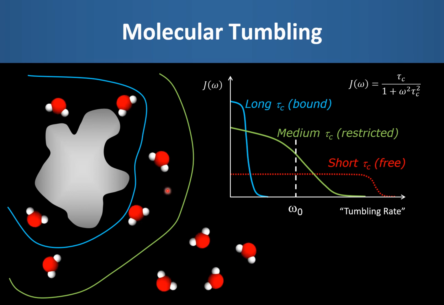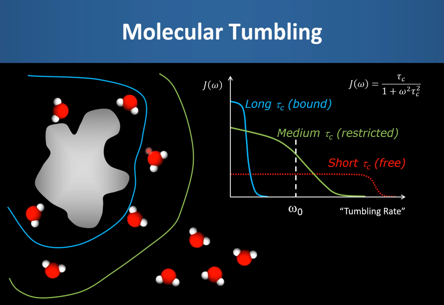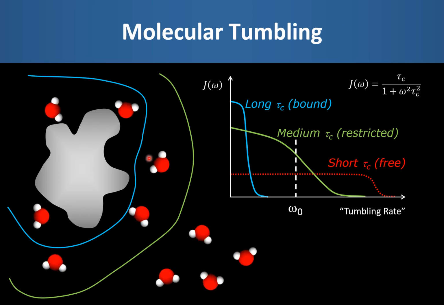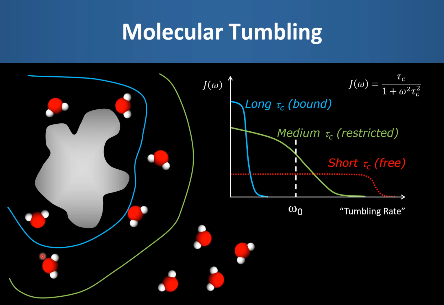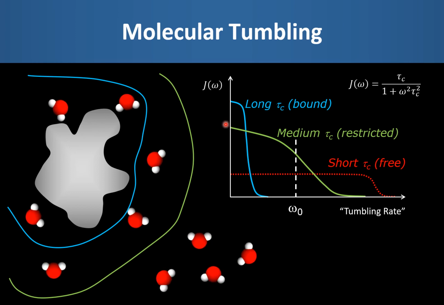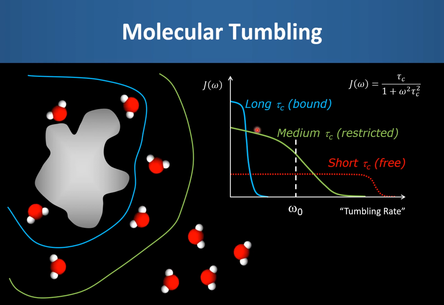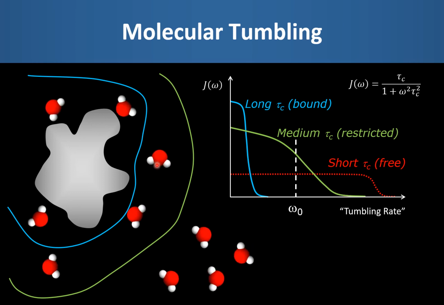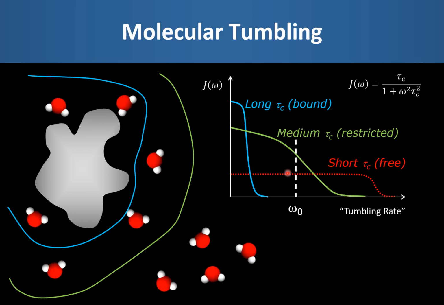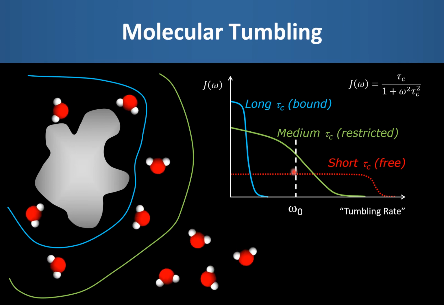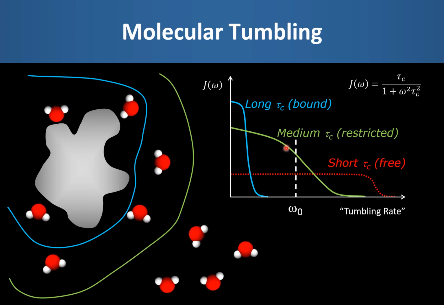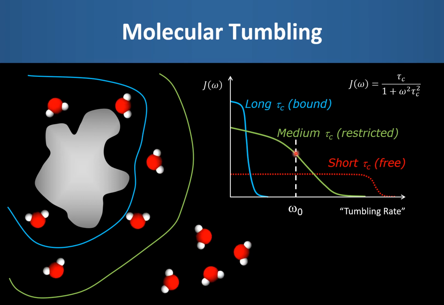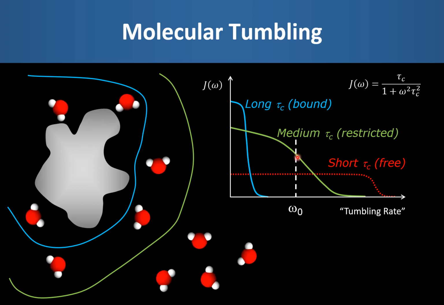Whereas in this sort of ideal situation here, where we've got protons which are restricted in their tumbling rate due to their proximity to the macromolecule, they have a range of tumbling frequencies, but there are generally more of them tumbling at just the right Larmor frequency for the field strength, and therefore the T1 relaxation is more efficient and the T1 relaxation time is shorter.